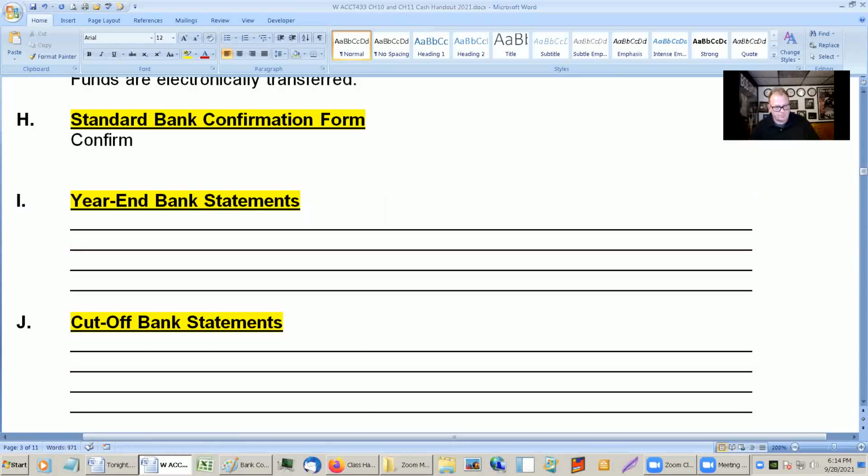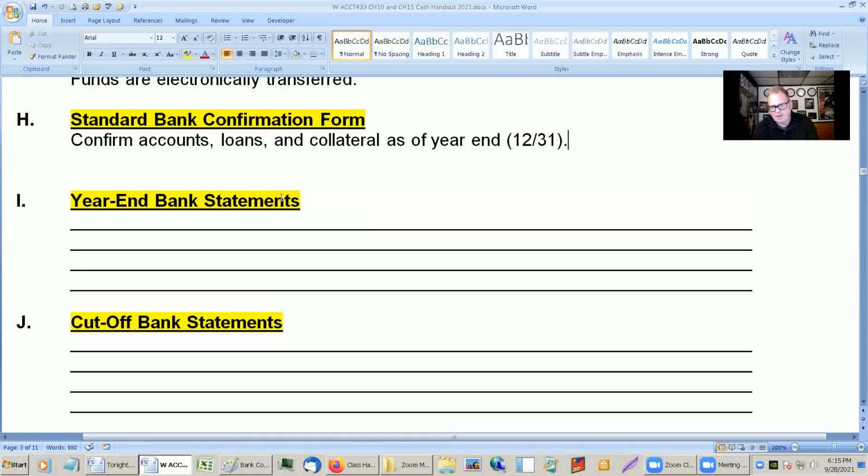These will confirm accounts, loans, and collateral as of year end.